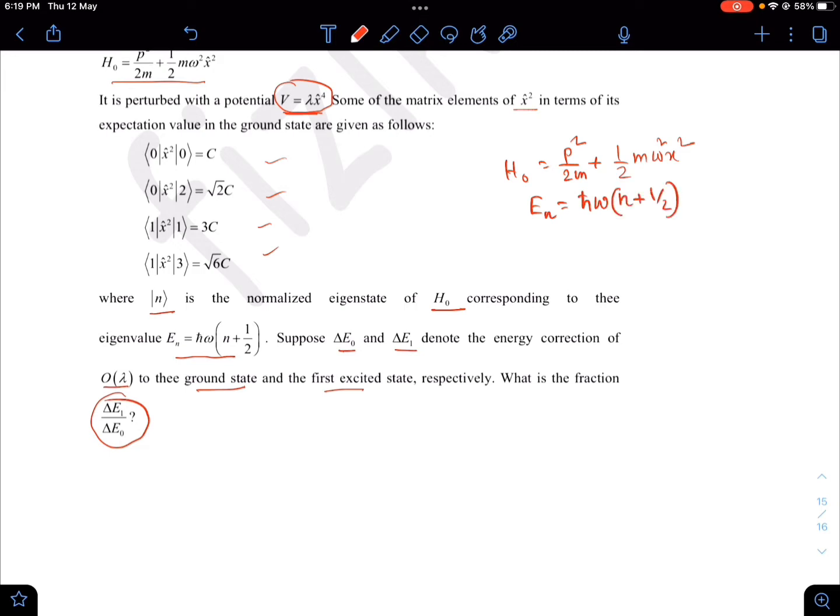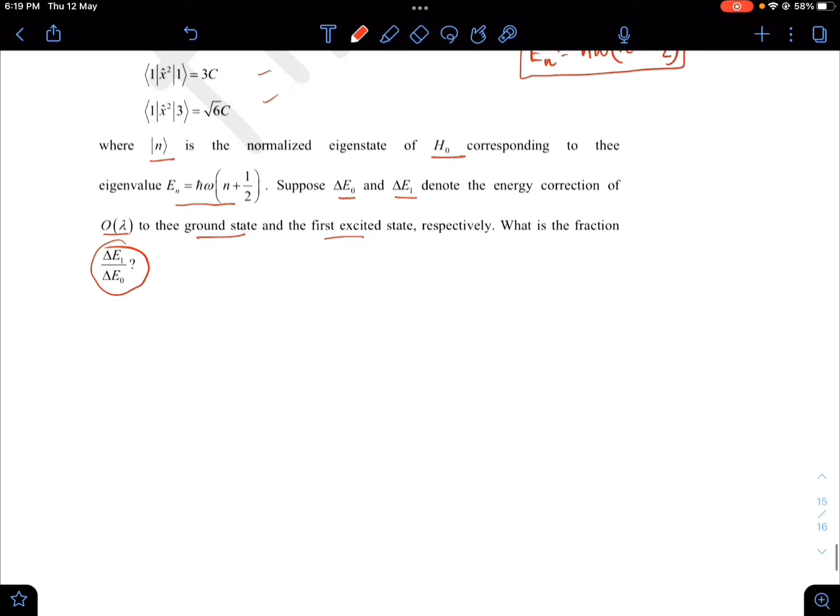Now as we apply this perturbation, the energy eigenvalues will not be this anymore. Due to this perturbation, the energy values will be shifted, and since we have to find the energy correction of the order of lambda, this means we have to use first order perturbation theory.